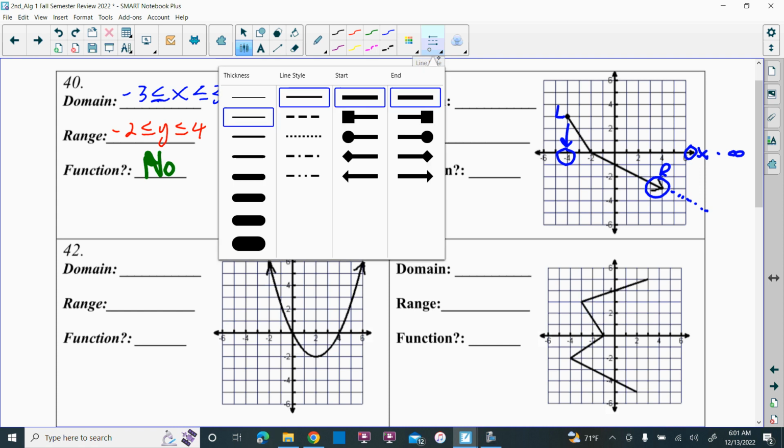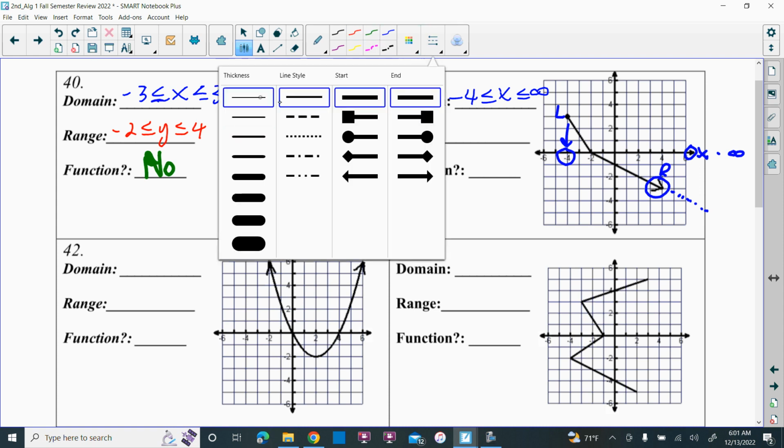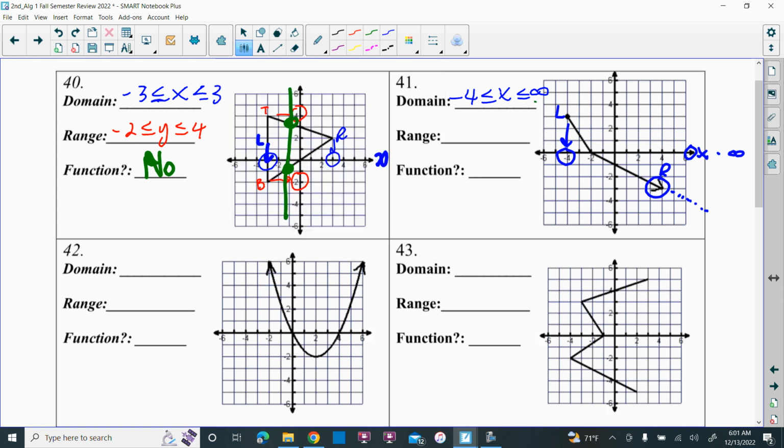Now, most students, when they're using inequality notation, are going to think, oh, this is -4 is less than or equal to x, which is less than or equal to infinity. But we don't use infinity in the inequality. We don't use this part over here.